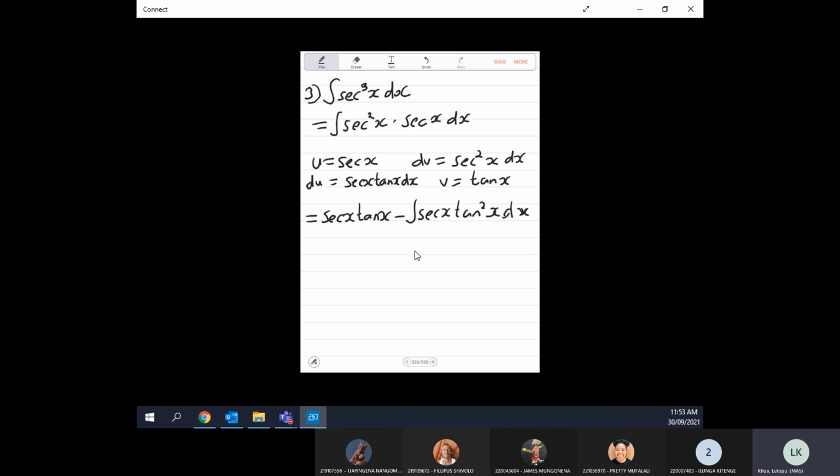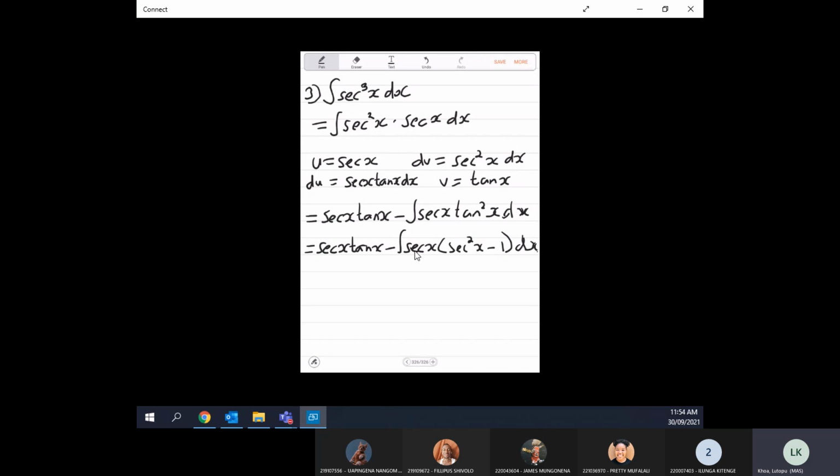Okay, then to integrate this, our tan squared, we can now rewrite it in terms of sec squared. So this is sec x tan x minus the integral of sec x times sec squared x minus 1 dx.